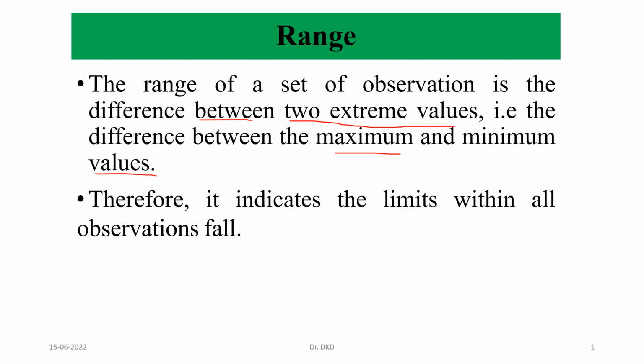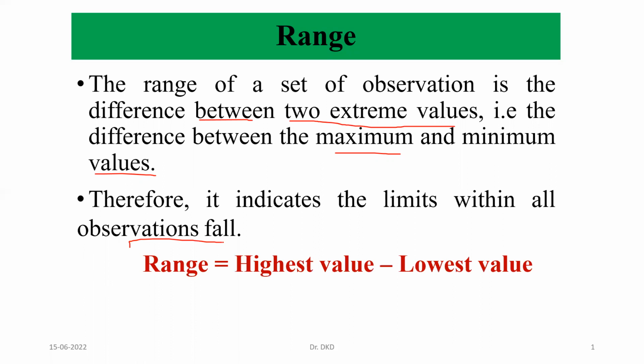Therefore, it indicates the limits within which all observations fall. That means it can be calculated as the highest value in the given data set minus the lowest value. In other words, maximum value minus minimum value.